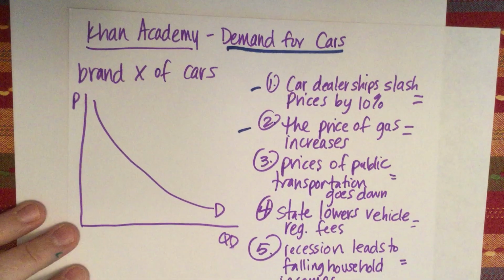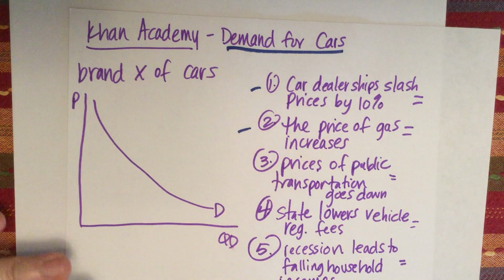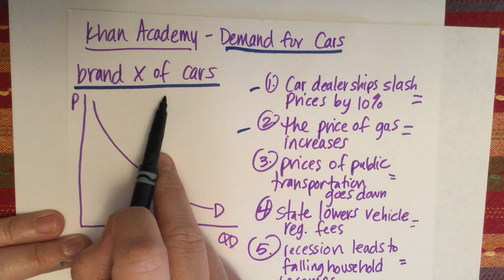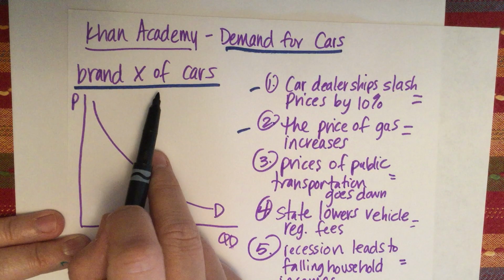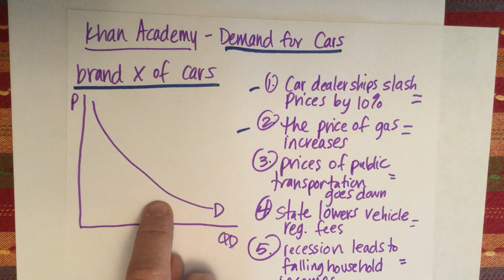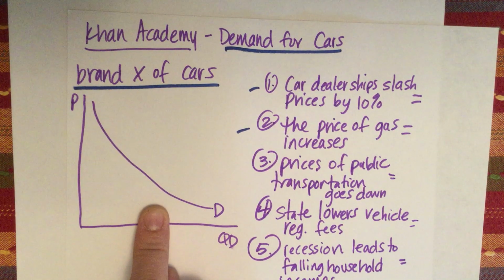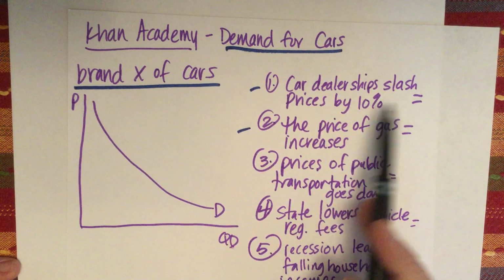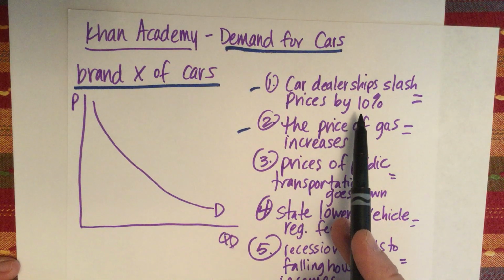You have to really look at what market, what good, you're looking at. In this case, we're looking at the market for this specific car. So does it affect the demand for this car, or does it affect the quantity demanded for this car? The very first one says that car dealerships slash prices by 10%.